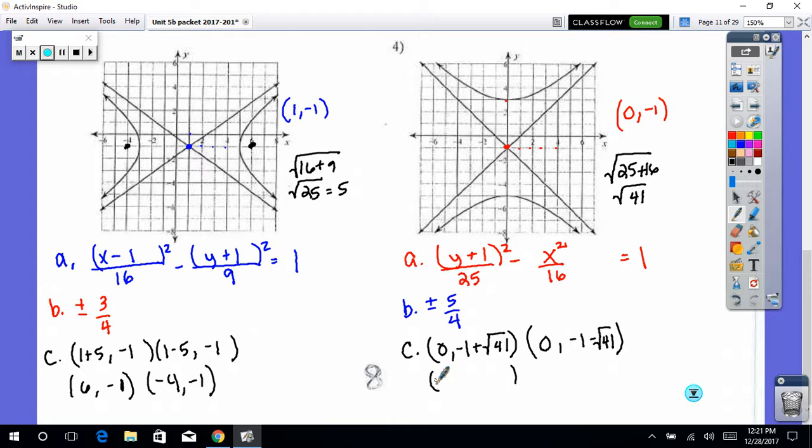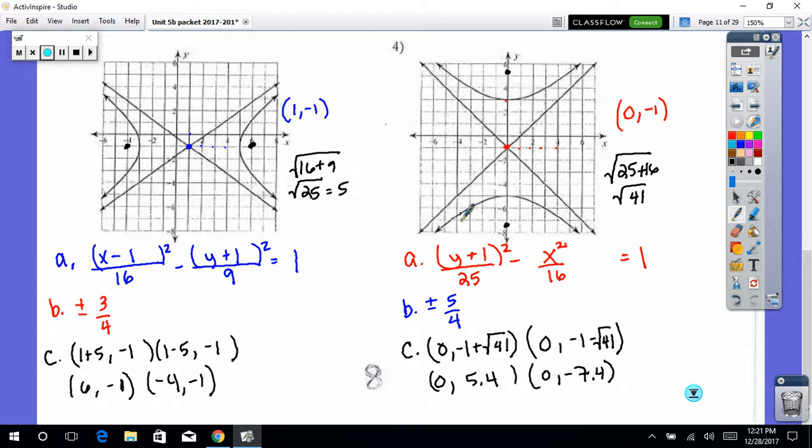Again, for you visual people that want to see where that is, this one is at -7.4, and this one is at 5.4. So right here and about right there.